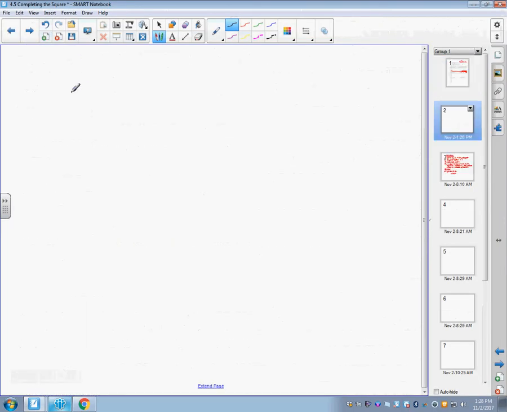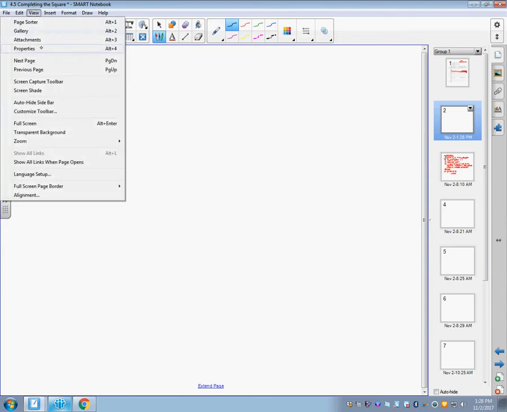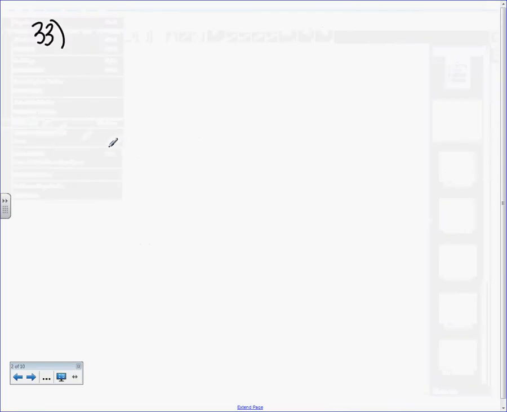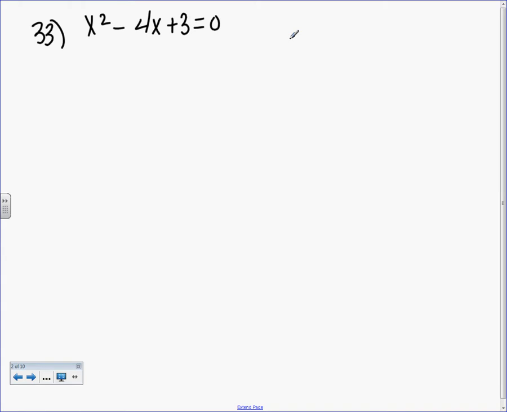All right, so we're going to go ahead and start with 33. It says x squared minus 4x plus 3. So go back to the back of your notes. What's step 1? Set it equal to 0. Is that done? Okay. And then is it in descending order? Okay, great. What's step 2? Group the x's.